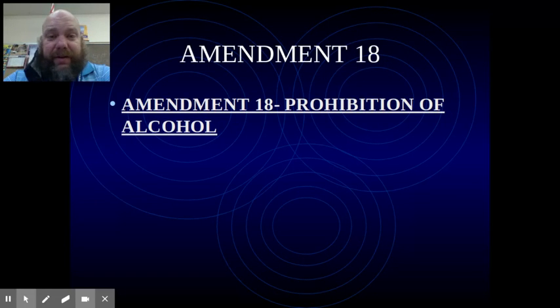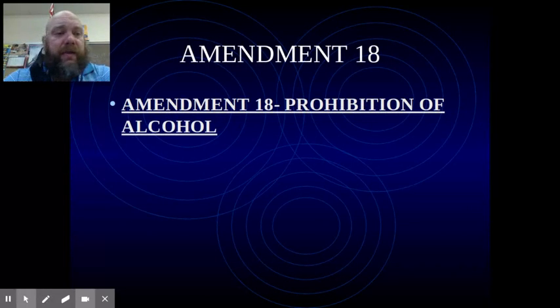The one that canceled it is the 21st Amendment, so we won't get that till tomorrow. But that always helps me remember: when you're 18, you can't drink; when you're 21, you can. You don't have to have the specific word prohibition. You can just say made alcohol illegal. So, 18th Amendment, prohibition of alcohol, passed in 1918.